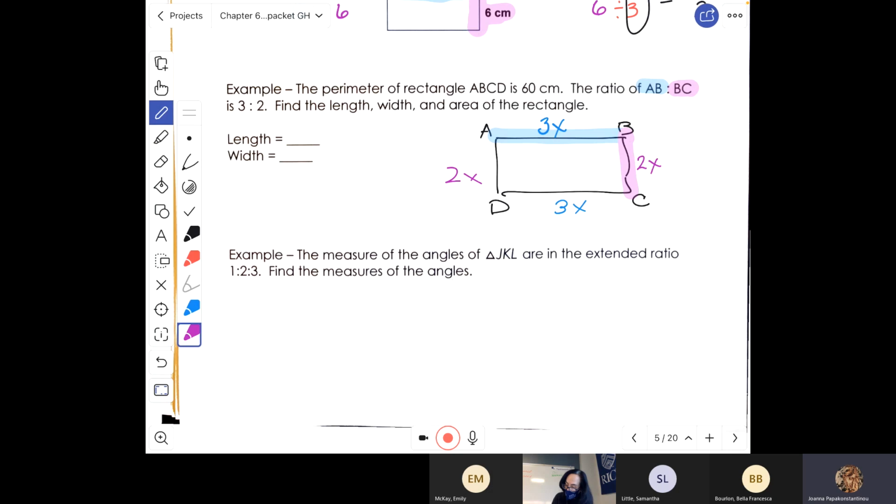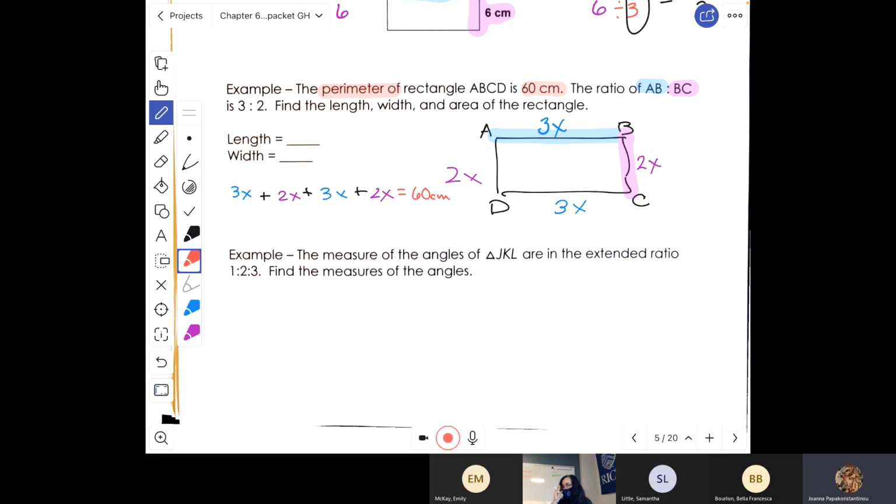Now, we know that the perimeter is 60 centimeters. So I know 3x plus 2x plus 3x plus 2x equals 60 centimeters.